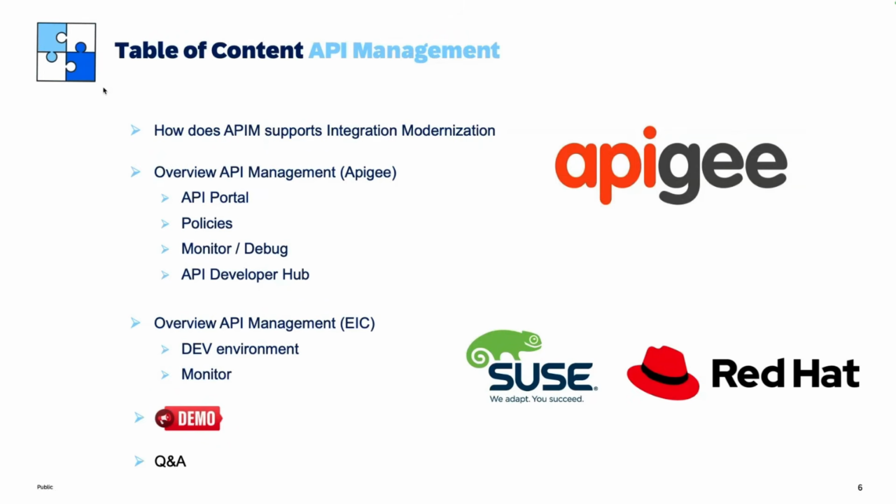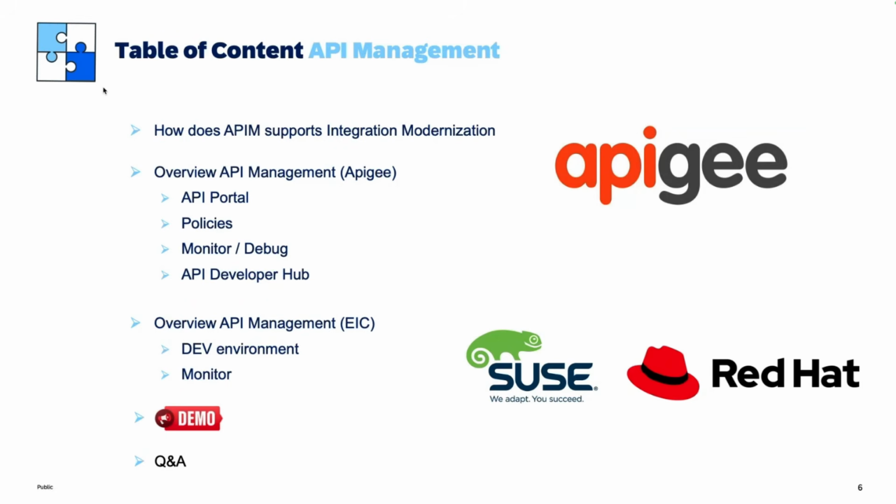Then we will dive into an overview of API management in the APG version, followed by the core elements of the API management, the API portal as well, policy configuration, monitoring, debugging tools, and the API Developer Hub as the central place for developer engagement.